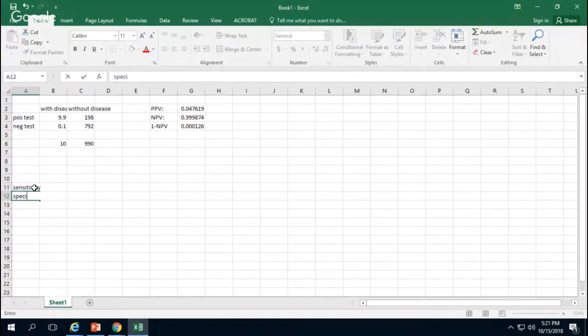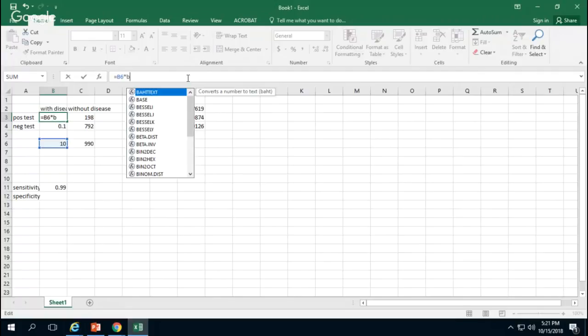The sensitivity is, if you have the disease, the probability that you catch it. So that's the 0.99. I'll put this in here instead of hard coding, times B11.